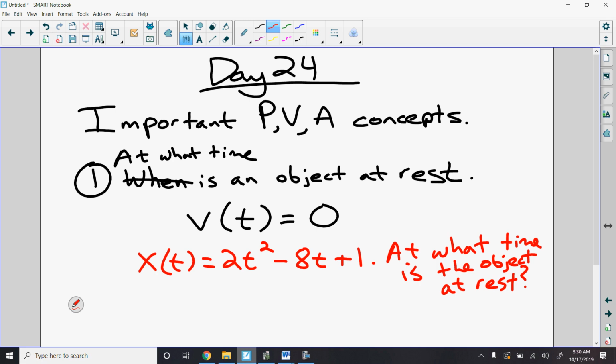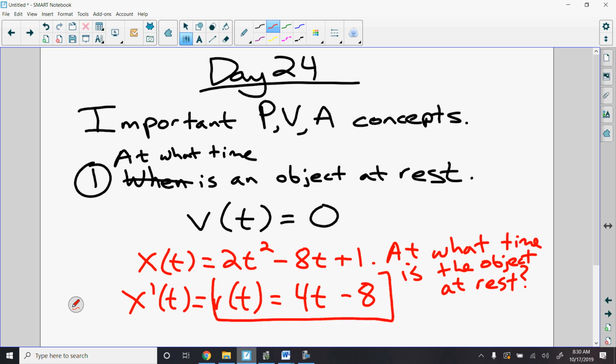So x prime of t is going to equal v of t, which equals 4t minus 8. So I know that my object has a velocity equation that can be modeled by 4t minus 8, because that's the derivative of position.